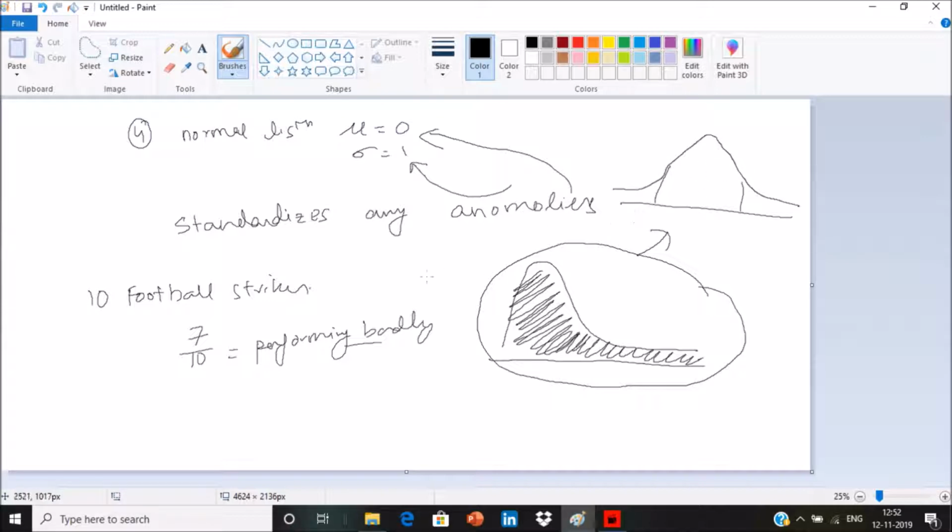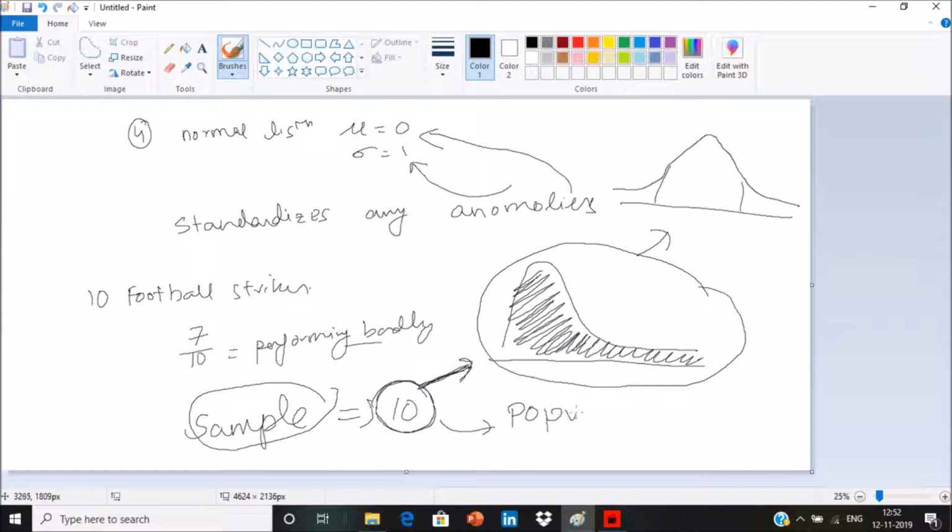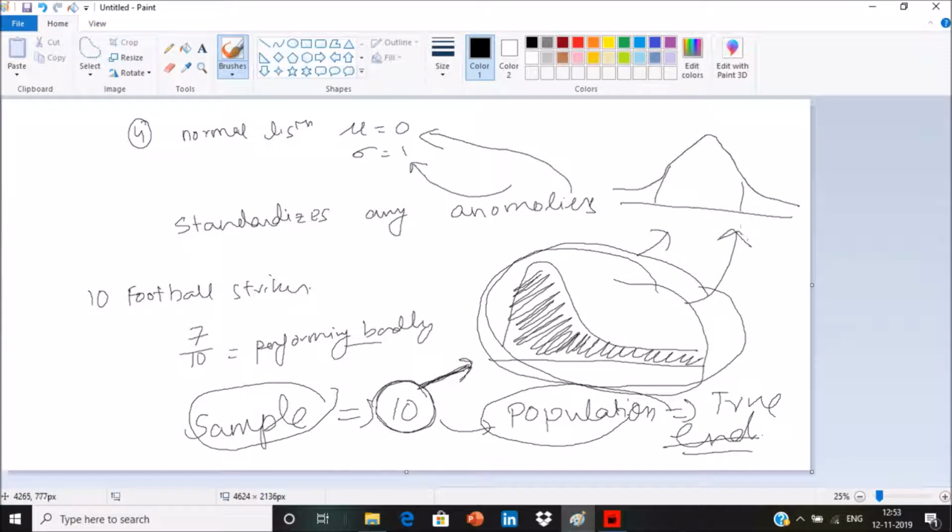But since your sample, again emphasizing on the word sample, is only of 10 people, the curve comes out to be like this. And since we trust more of the population, which is the true end, we would like this graph to turn into this graph.